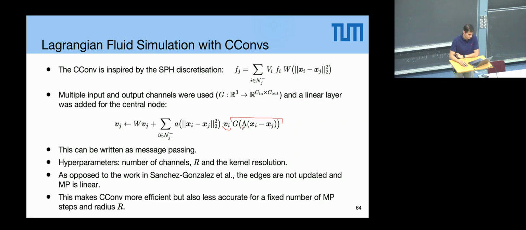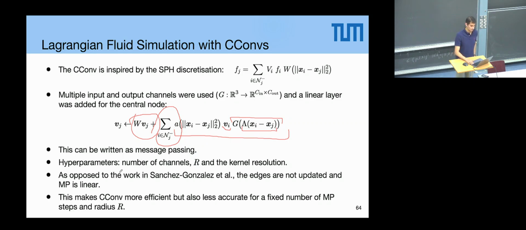When we evaluate with our three-dimensional or two-dimensional vector, we get a matrix. And this expression here, of course, still falls within the definition of message passing. This is the message, this is the aggregation, and then we have the node update here.